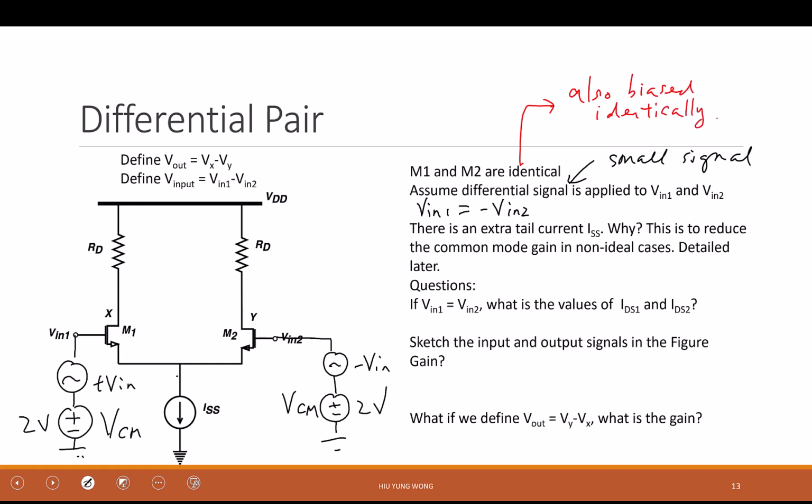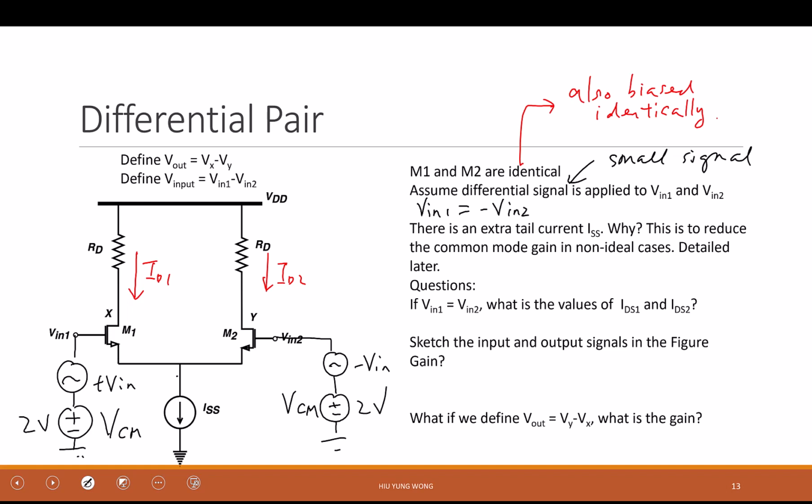Okay? Now my question to you. At DC bias, when there's no signal, when V in 1 equal V in 2, I have a current ID1 here and then ID2 here. What's their relationship? Okay, very good.